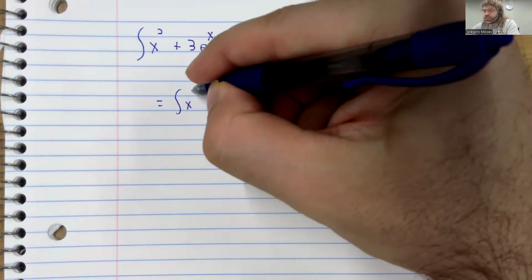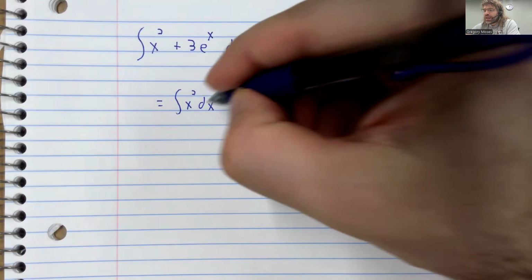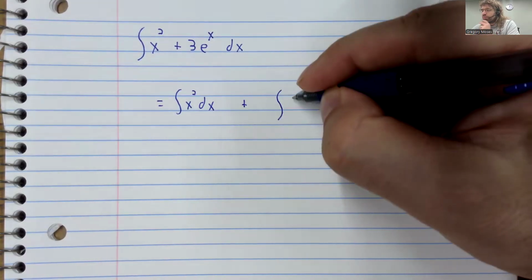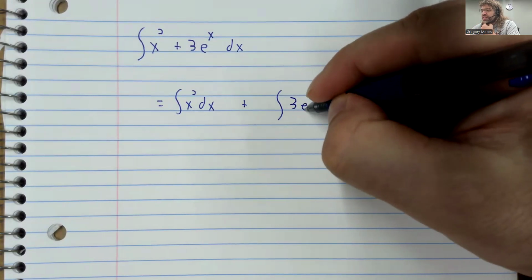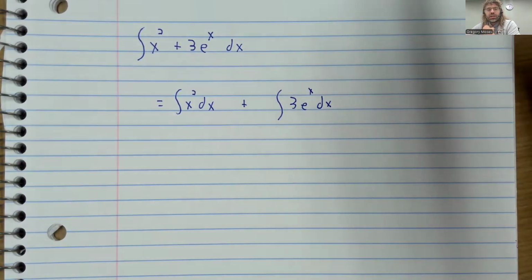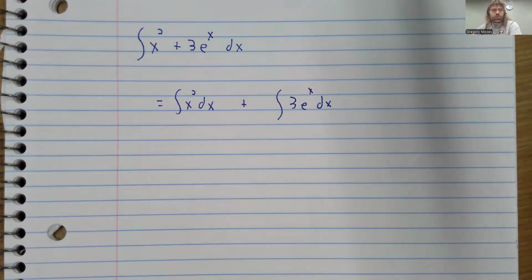So this is the integral of x squared plus the integral of 3e to the x. I do have one comment related to constants of integration, but for the moment, let me just work this through very literally.